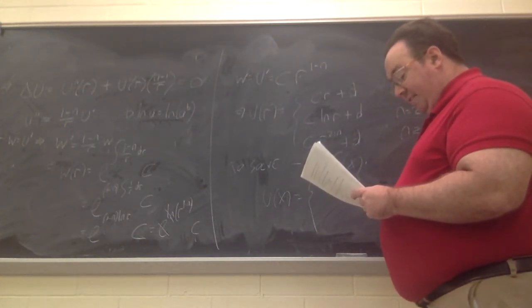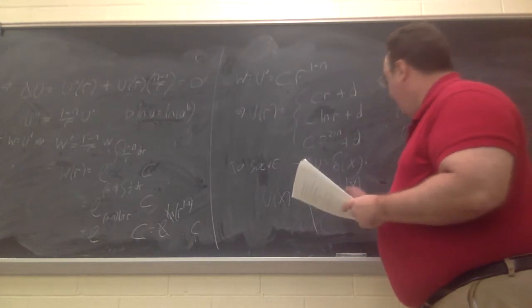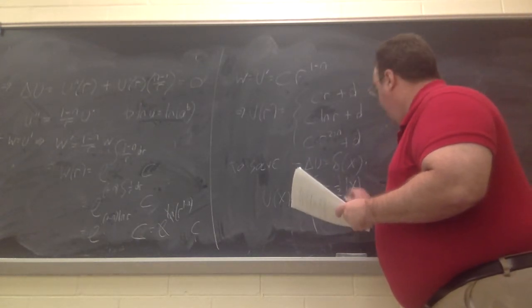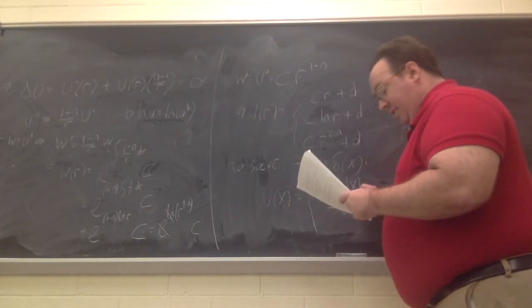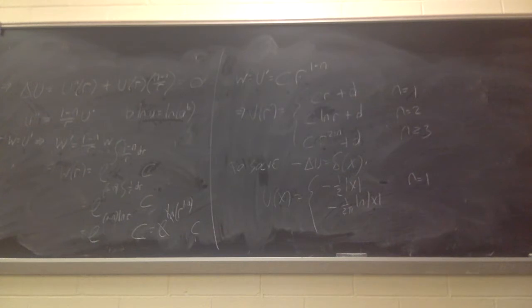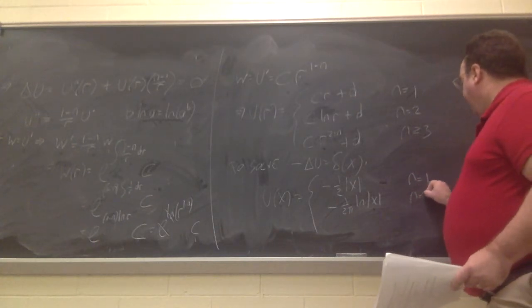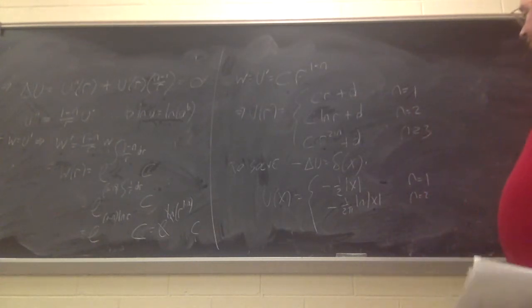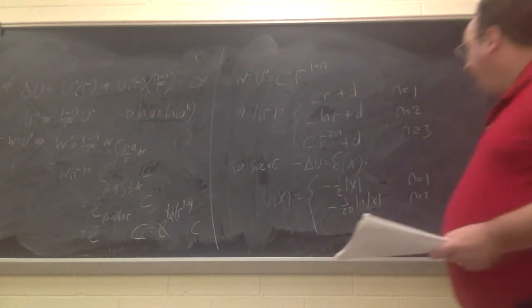And then we have 2 dimensions. It's minus 1 over 2 pi natural log of the absolute value of x, which is also r. So in other words, again, d is 0 and c is equal to minus 1 over 2 pi.